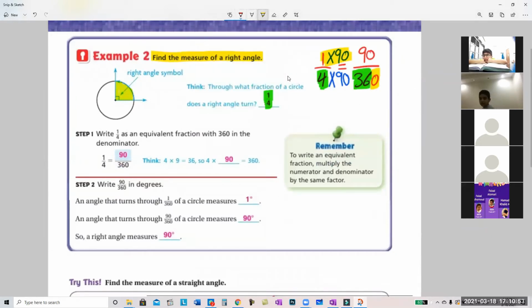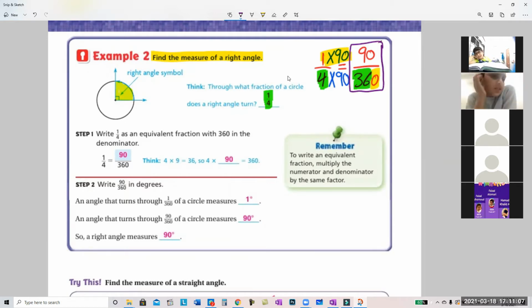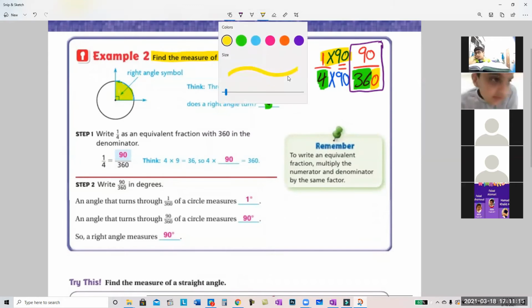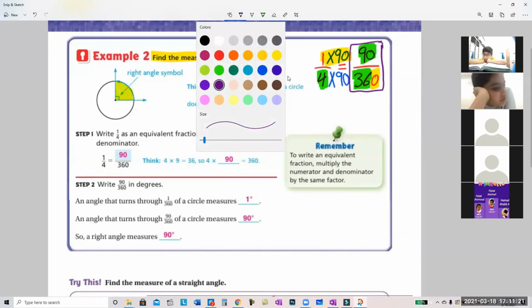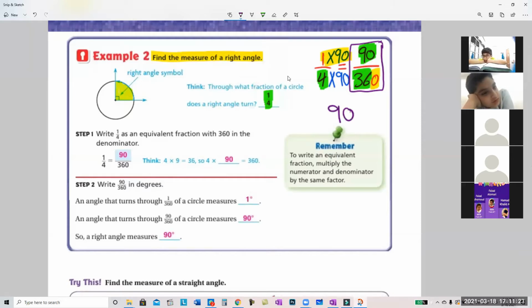Excellent. So as you see here, now we have 90 over 360. After you get the equivalent fraction to 1 over 4, the denominator is 360, so all we have to do is put the numerator as the same, and draw a small circle in the right upper corner like that. So it will be 90 degrees.